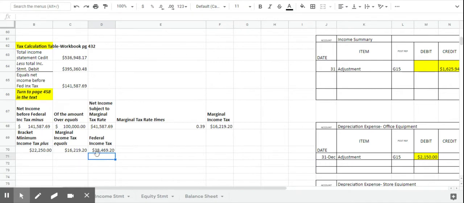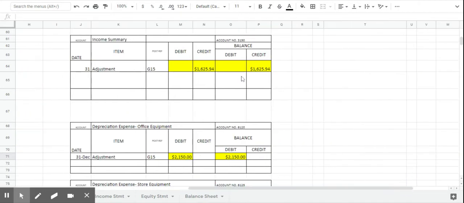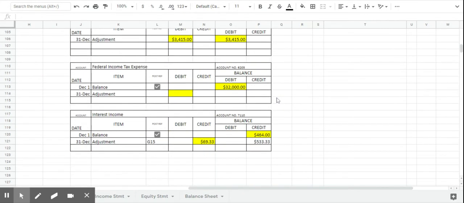So this number comes over to the ledger. Second to last number, federal income tax expense. And you pencil that in, 38,469.2 is how much we owe. We've already paid 32,000. We owe 38,000.